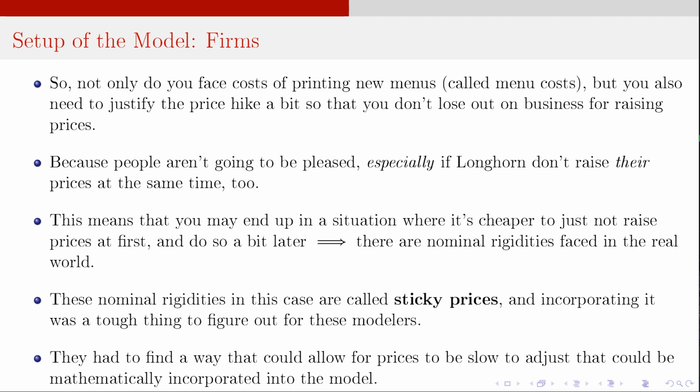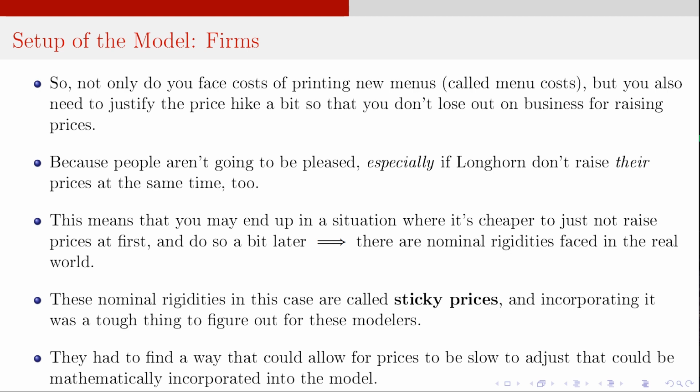So these modelers had to find a way to allow prices to be slow to adjust that could be mathematically incorporated into the model. Sure, I just went through probably 8 minutes or so of explaining the intuition of sticky prices. But that's all well and good, we need a way to actually incorporate this mathematically into the model. Why do we have to do that? Well, we want to be able to test the model.